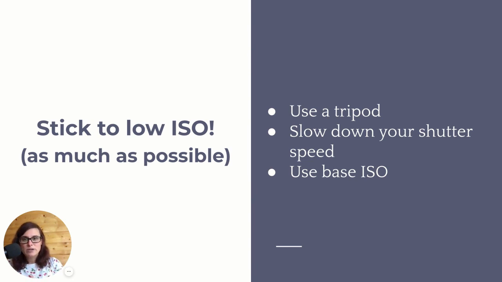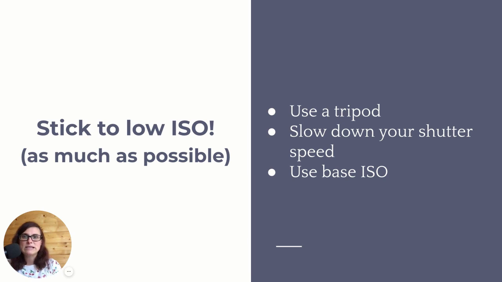If you have a tripod, then you can slow down your shutter speed, therefore that allows you to use a very low ISO. So that allows you to use the base ISO.